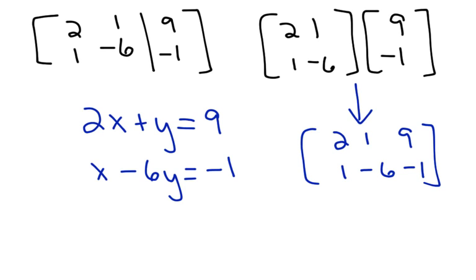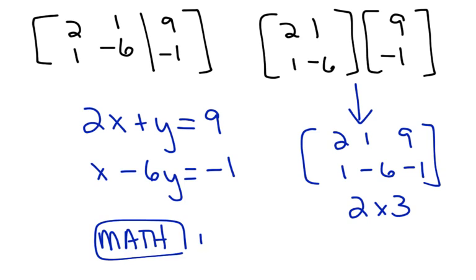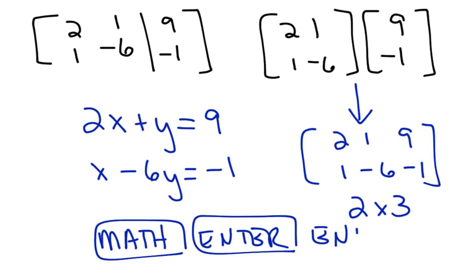So you can just pretend like you don't see the little bar, plug this into the calculator. Since this is 2 equations, 2 unknowns, this would be a 2 by 3 matrix. When you plug this into the calculator and perform the RREF function on it, you're going to get some nasty decimals, but that's okay. If you hit math enter, enter, it will turn those nasty decimals back into nice looking fractions.